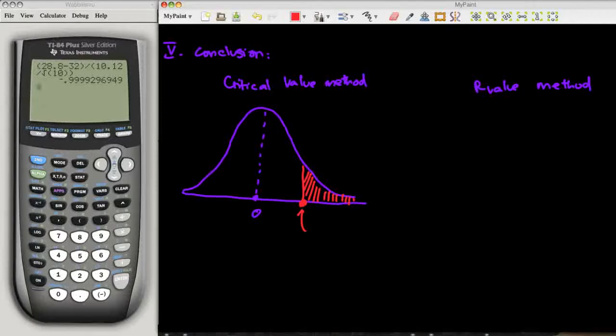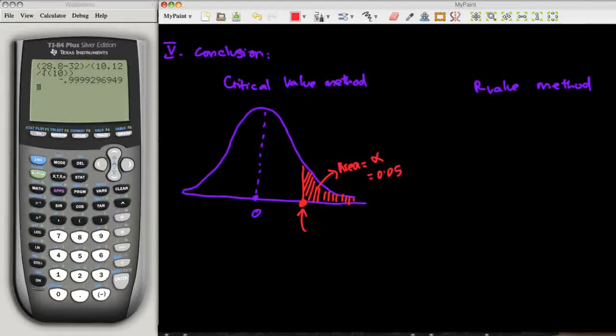That is my critical value. The area of the rejection region is equal to alpha, because I have only one rejection region, and the area of the rejection region must always equal the value of the level of significance, which is alpha. So in this case it is 0.05.